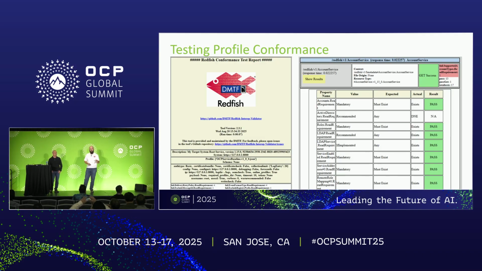So you'll see all the different requirements specified in the profile for the resource. You'll see which ones are mandatory, which ones are recommended, which ones are not applicable. You'll see required values, and on the right side it will tell you whether or not the property passed conformance or not.